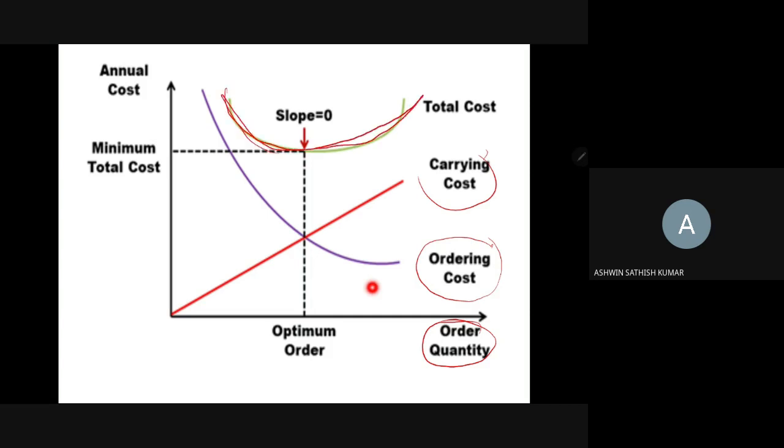Means you have to determine the optimum order quantity, how much quantity we should procure, so that total cost is minimum. The cost involving shortage, the holding cost and the setup cost.